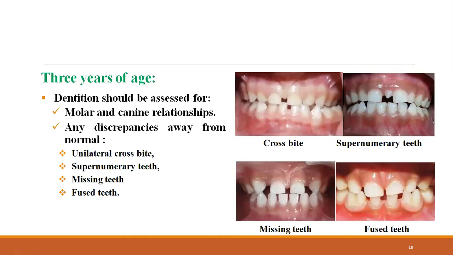At 3 years of age, the dentition should be assessed for molar and canine relationship, and any discrepancy away from normal, which may include unilateral crossbite, supernumerary teeth or mesiodens, missing teeth, or fused teeth.